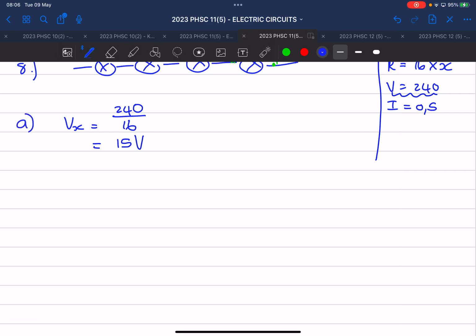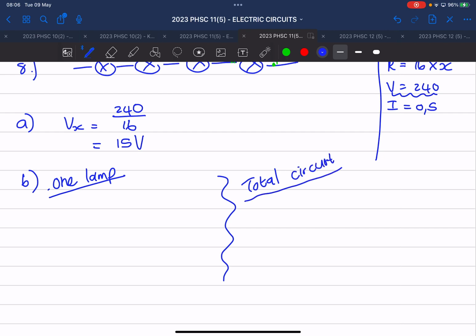That is 8A. 8B, they ask, what is the resistance of one lamp? Now you could have done this in one of two ways. You could either have looked at one lamp, the scenario for one lamp, or you could have looked at the total circuit.